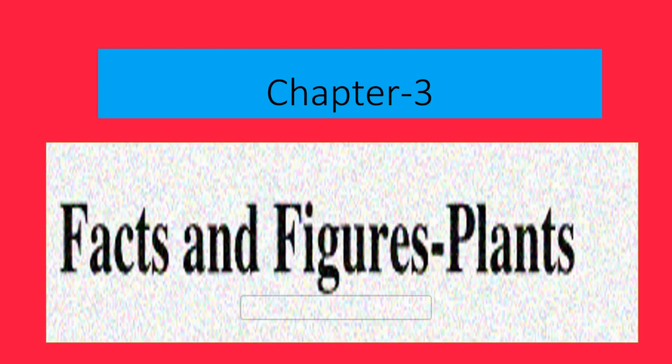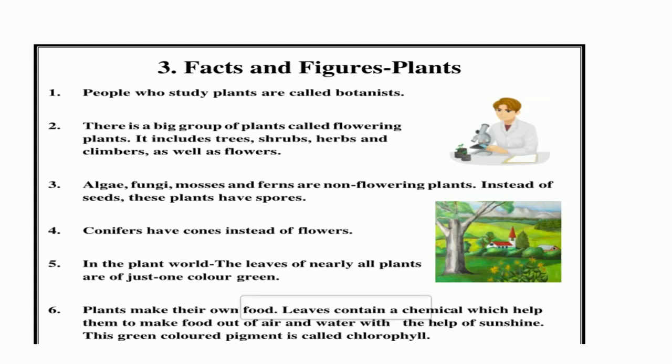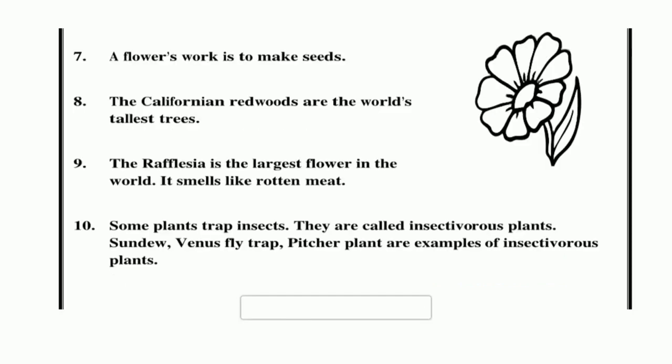Here in this chapter we are going to get information about plants. This is the overview of your chapter. It has 10 pieces of information about plants. These will increase your knowledge about plants.